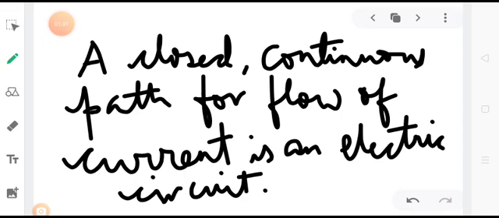A closed continuous path for flow of current is an electric circuit.